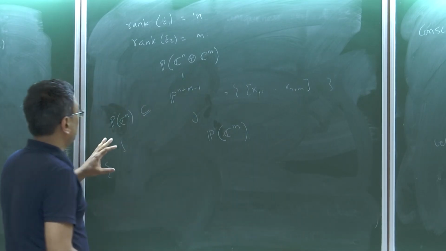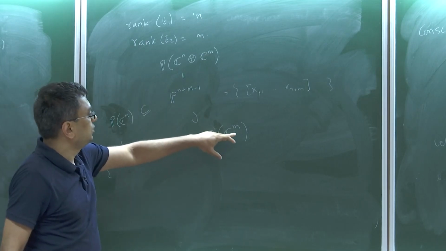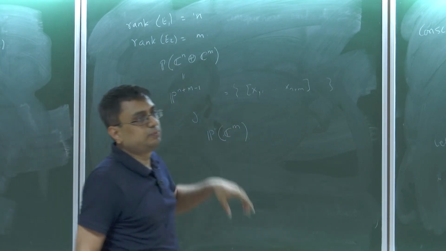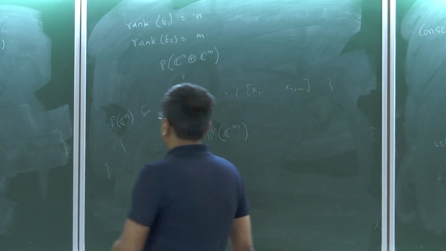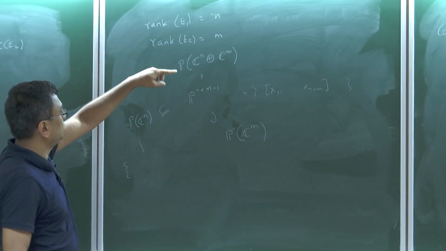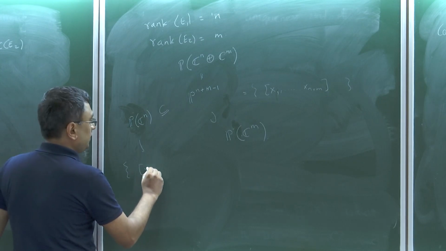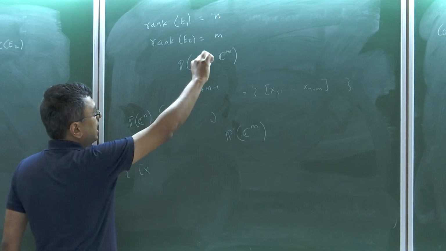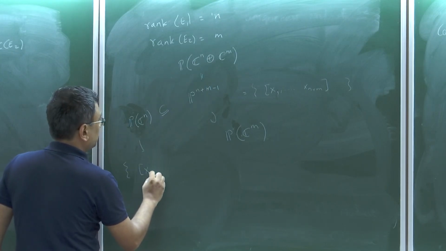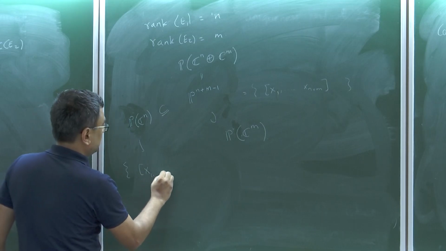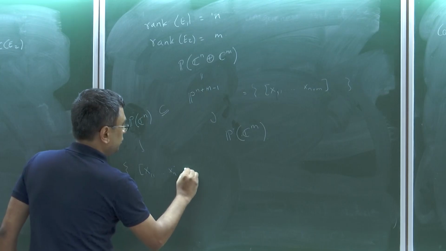Okay, so I want to see how the projectivization of Cn and the projectivization of Cm sit inside the projectivization of the direct sum of Cn and Cm. So how is this copy sitting here? This is the set of all points where the last m homogeneous coordinates are 0: x1 up to xn and 0, 0, 0.